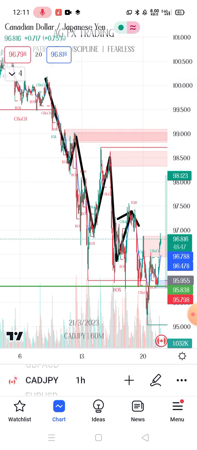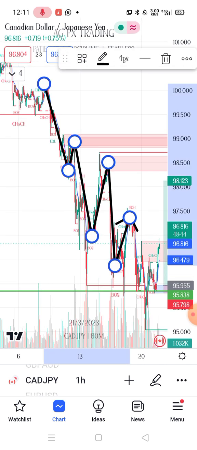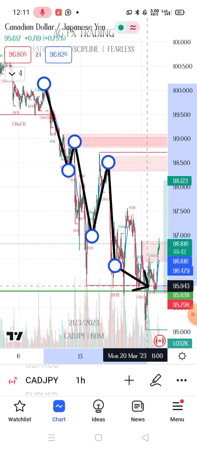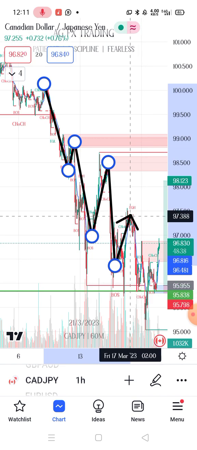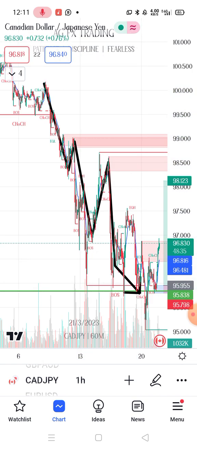So this is a downtrend. This is supposed to come down here again. After moving up, it should come down. So this is a downtrend.